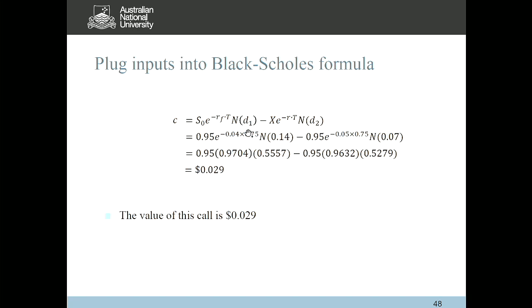So we work out this call option should be priced at 0.029. So any question on this particular one? Now, if you came across options on indices, you simply replace the minus RF with minus Q, and then everything else stays the same.